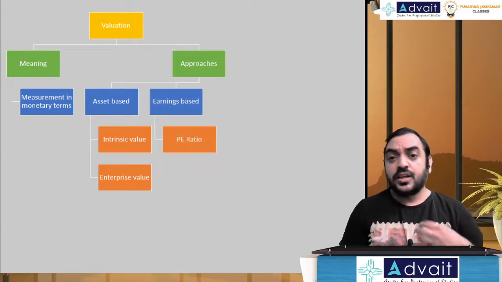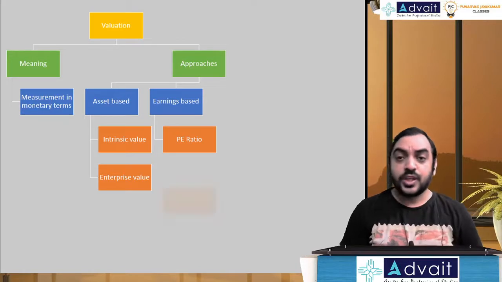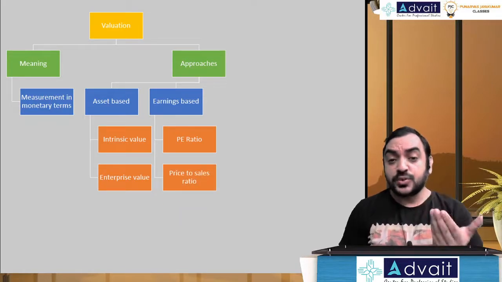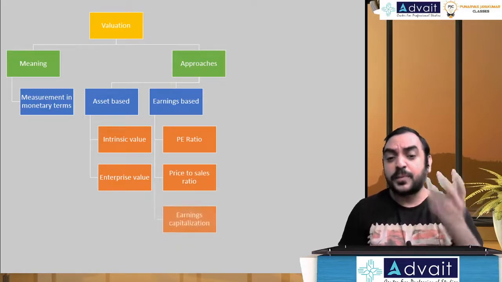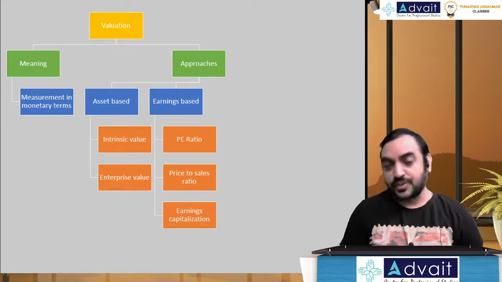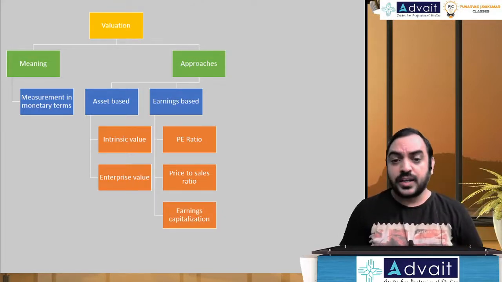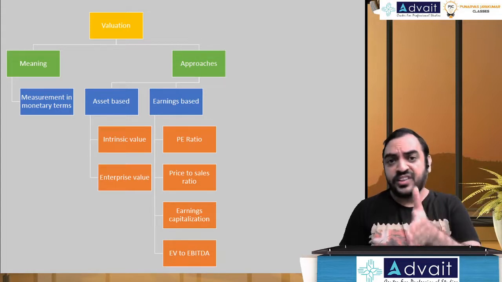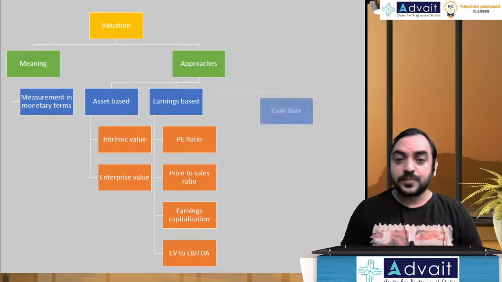Earnings based. The earning capacity of the company is also called the yield method. We have the P ratio method, price to sales method, or some people call these multiple methods. Relative valuation, earning capitalization, EV to EBITDA. I'm going to tell you all these things. EV to EBITDA: EV for enterprise value, EBITDA, earnings before interest, tax, depreciation, amortization.